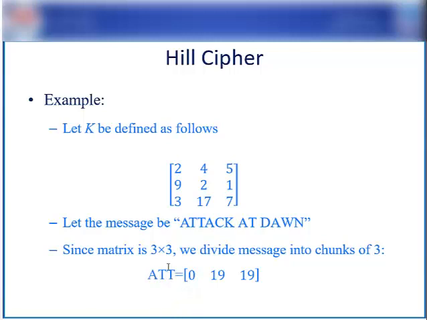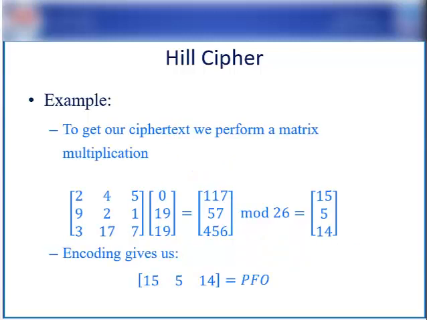The first 3 letters of our plaintext are A, T, T, which are encoded to 0, 19, 19 respectively. To get our ciphertext, we perform the matrix multiplication. We take the key and multiply it by the vector defined by our plaintext. After performing the ordinary matrix by vector multiplication, we take modulo 26 of the obtained numbers.